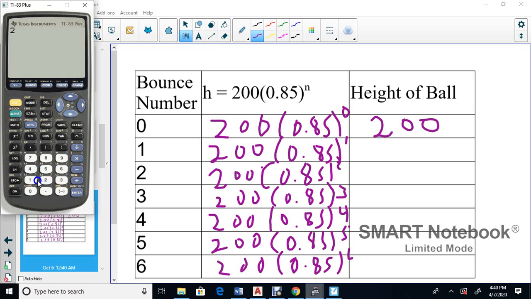Okay, I'll get my calculator out here, and let's start doing these. So you go 200 times 0.85 to the exponent 1, 170.